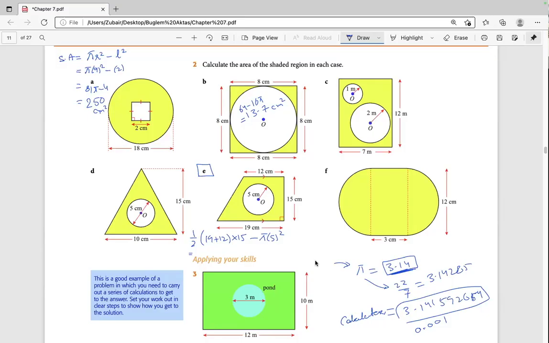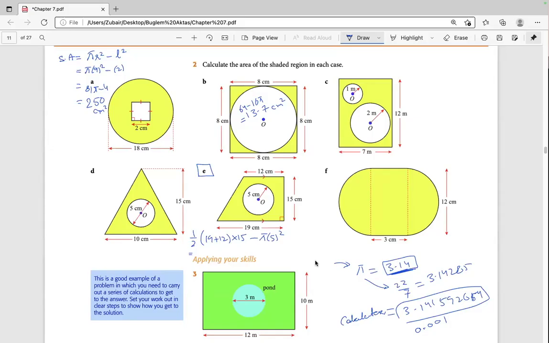I don't think I divided by two afterwards. 142.5, I did it with 2. On 25 pi, you have already divided that with 2. I'm not getting 285, we are getting 232. That is 0.5 times 19 plus 12 times 15.